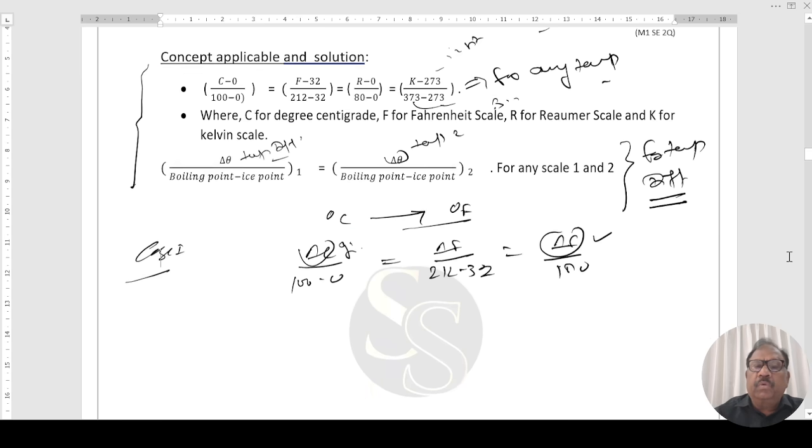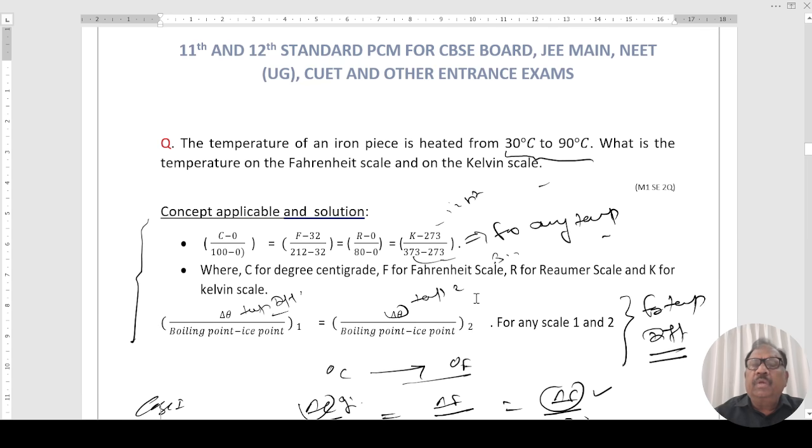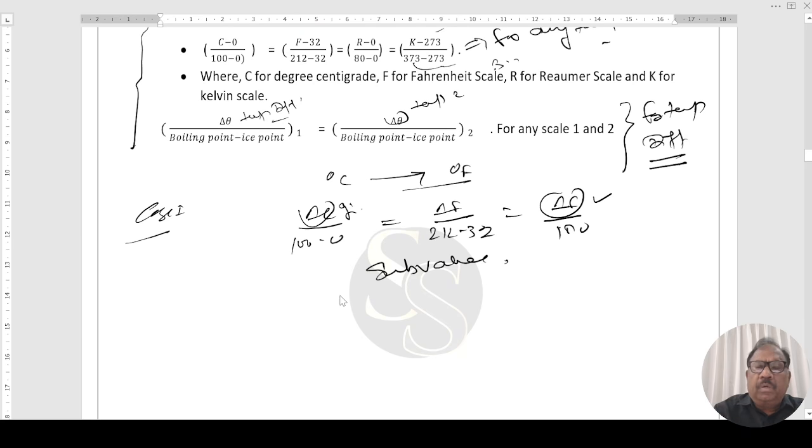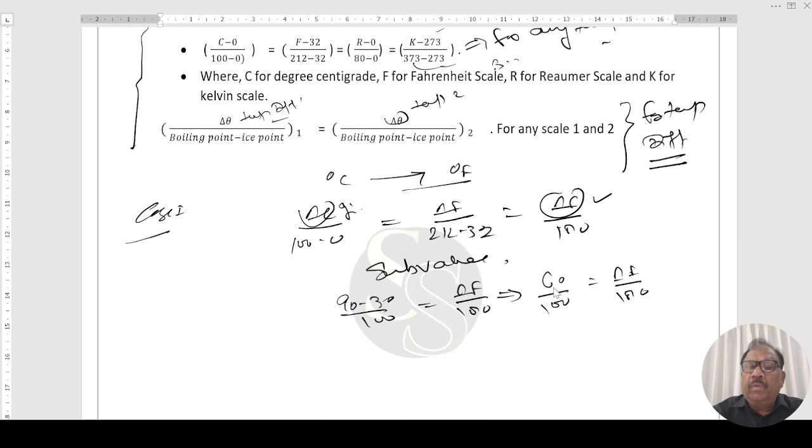Simple calculation, substituting values. Temperature difference is 90 minus 30. 30 upon 100 equal to delta F upon 180. On simplification, this comes to 60 upon 100 equal to delta F upon 180.